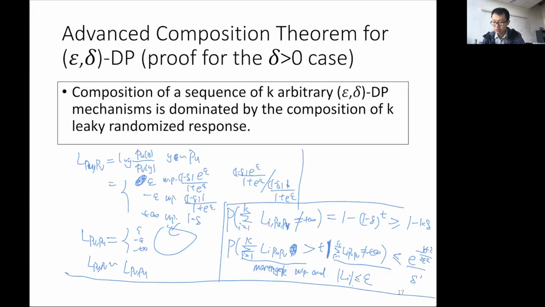To show that, we can simply check that if we work out this trade-off function, it matches everywhere with the trade-off function that characterizes epsilon-delta DP.